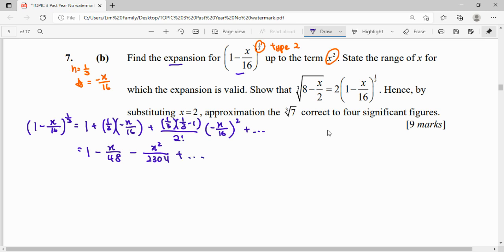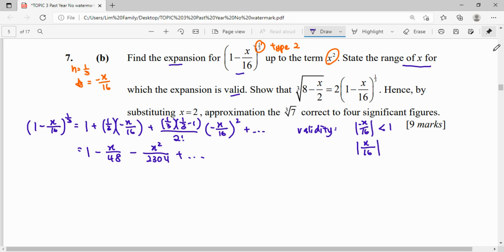Then our second task here, they ask us to state the range for x for which this expansion is valid. So our second task here is going to find validity. The formula of validity is the modulus of our expansion, negative x over 16, must be less than 1. For modulus, the thing inside here is negative, but everything negative in modulus always goes back to positive.